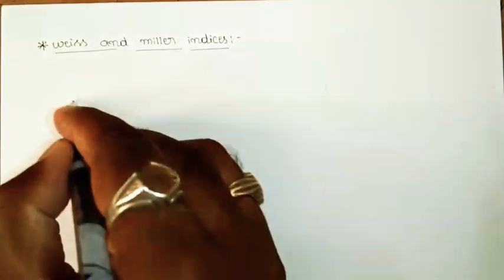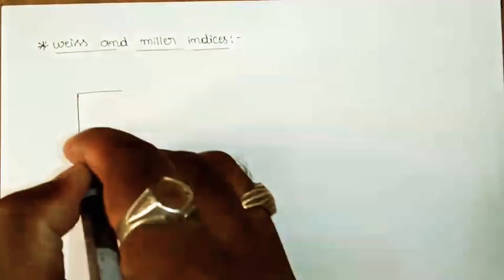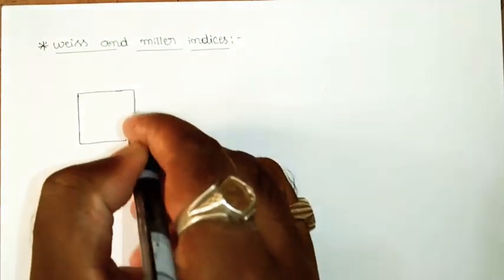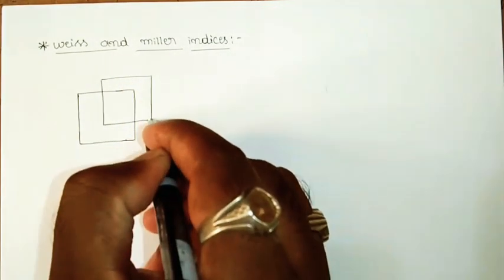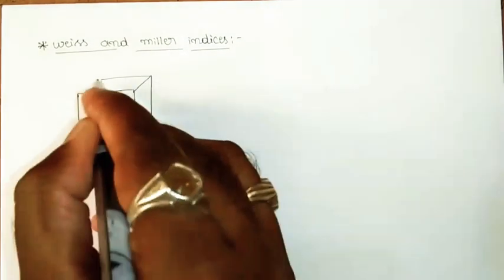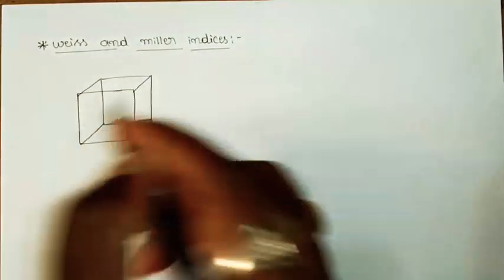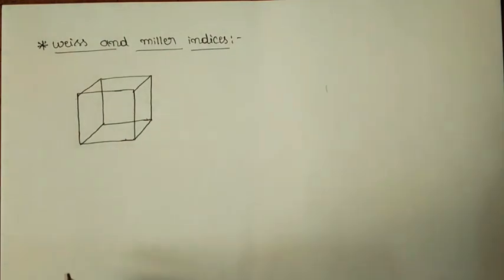And if you come to a cubic crystal, the unit cell will be written in a very simple structure like this. This is the simplest way of writing the unit cell of a cube, right?